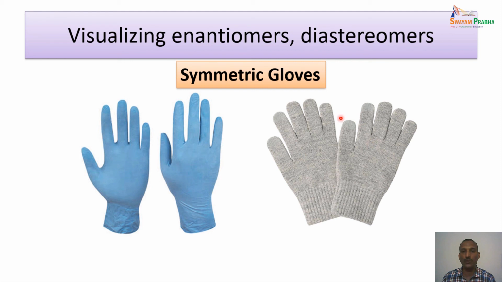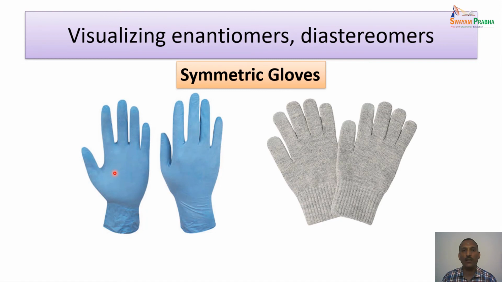When you superimpose it, you are actually getting the identical compound. You are not having right and left. Even though we say right hand and left hand, if you place it exactly over this one, we end up with exactly the symmetric gloves. That means we do not have any object-mirror image relationship.